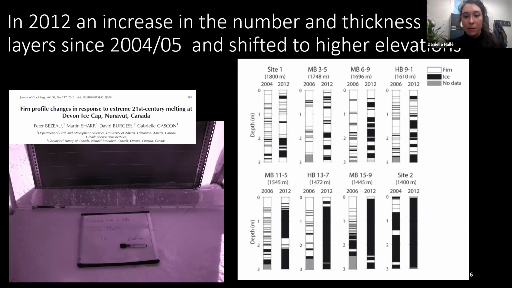And here what they found when they compared the firn cores from the two time periods is that there had been an increase in the number and the thickness of these ice layers, and this has shifted to higher elevations on Devon Ice Cap. This is a photo from this paper where they were using infrared photography to document the firn core stratigraphy.